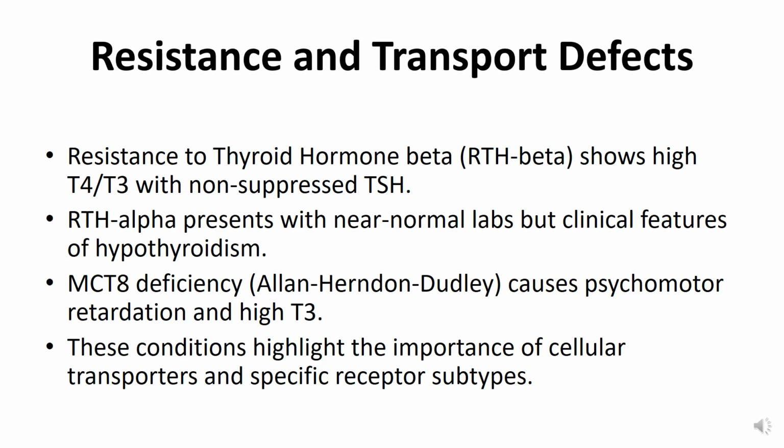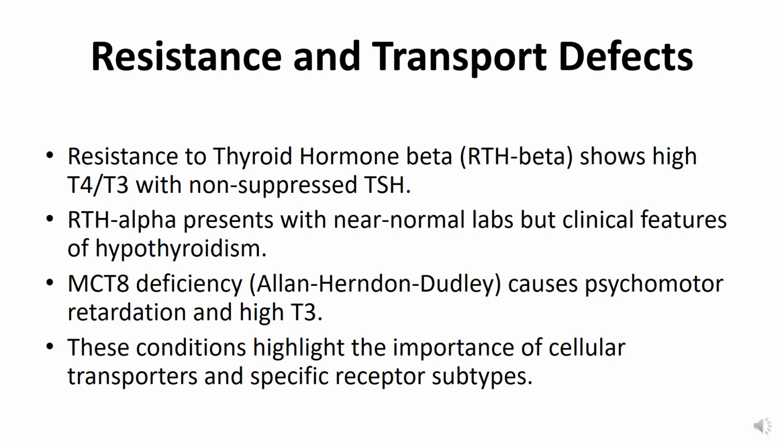These disorders demonstrate that thyroid hormone action depends not only on hormone concentration, but also on receptor function within specific tissues. Another fascinating condition involves thyroid hormone transport rather than receptor signaling. MCT8 deficiency, also known as Allan-Herndon-Dudley syndrome, results from mutations affecting a cellular thyroid hormone transporter called monocarboxylate transporter 8, or MCT8.